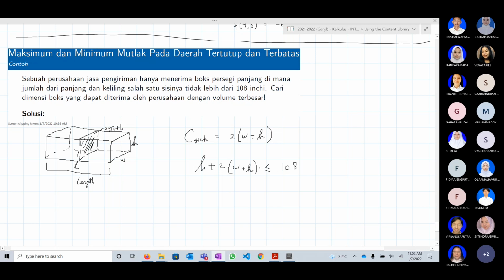But since we want to maximize the volume, we want L plus 2W plus 2H equal to 108.